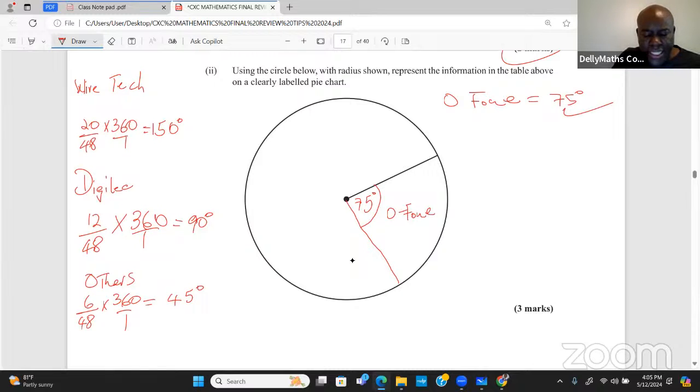The next one we want to tick off, you could tick off any one, it doesn't matter. What if you want to tick off your 90 right there? You could make a 90 here if you want. This is 90 degrees here.